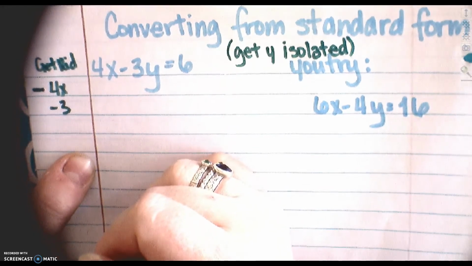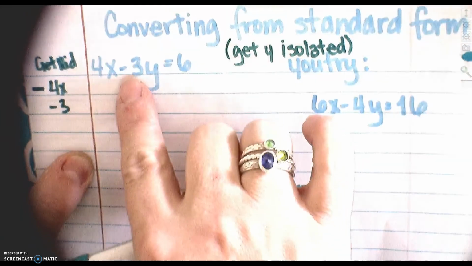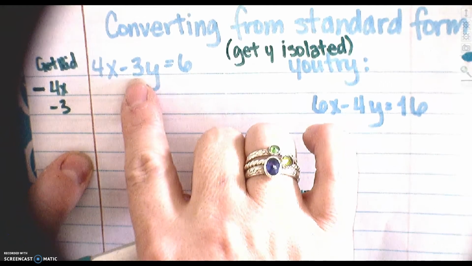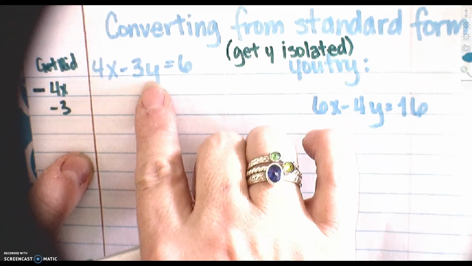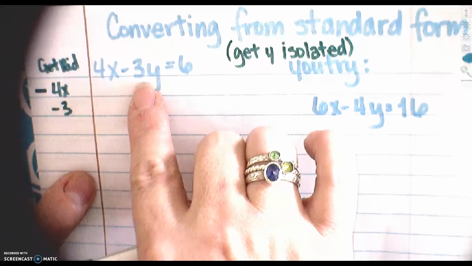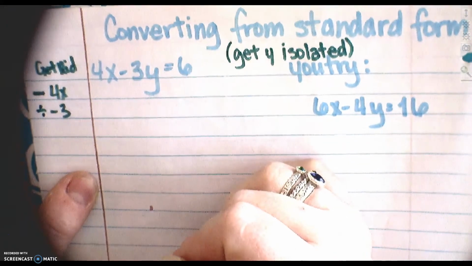So we're going to get rid of it by subtracting it. And the negative 3 is being multiplied to the y, because negative 3y means negative 3 times y. And the inverse operation for multiplying by negative 3, we're going to divide by negative 3. Okay.